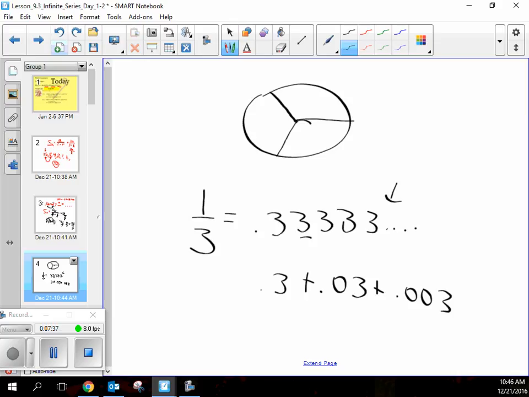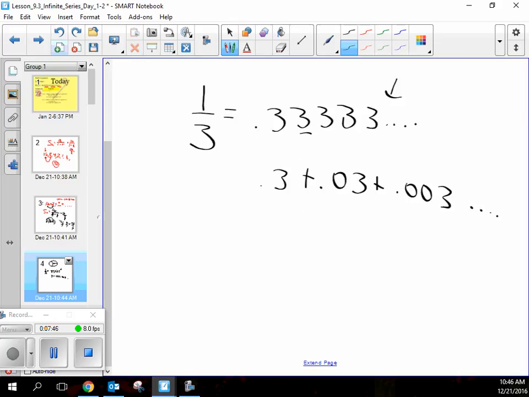So what is this? Well, when you actually take that plus that as a series and you do it to infinity, you get a formula for that. S sub n equals a over 1 minus r.